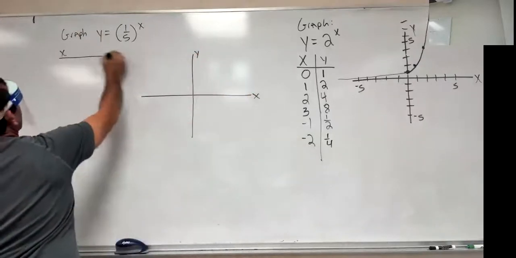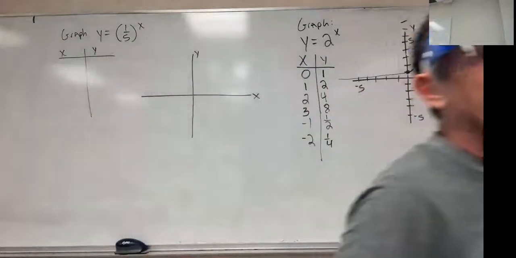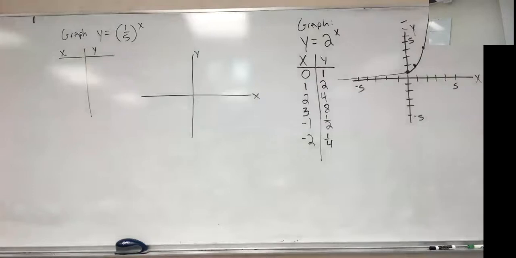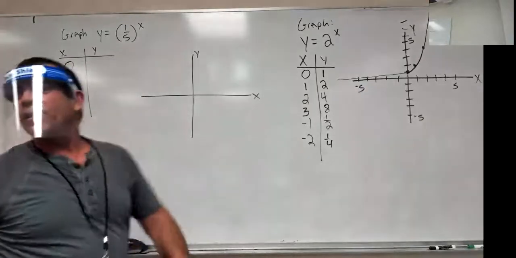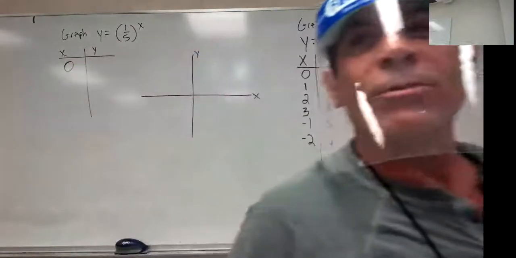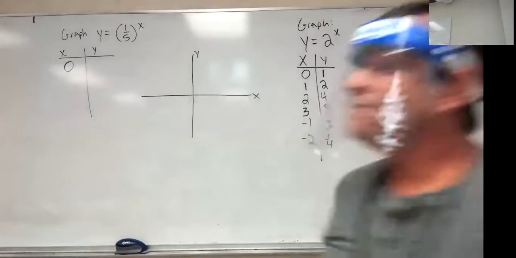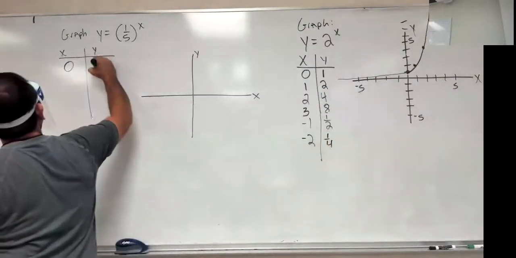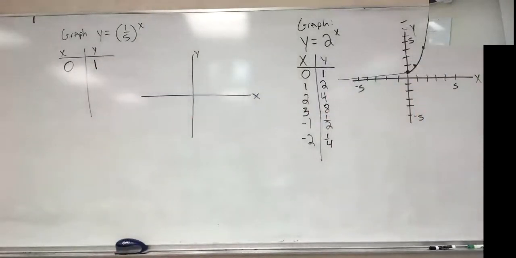So these will be similar, but the exponents, since I got fractions, are going to do a little bit different than the graph I did before. But I will still use a 0. And 1/5 to the 0 power is going to equal 1. So as long as you got a 0 for that exponent, it's always going to equal 1 for that, okay?